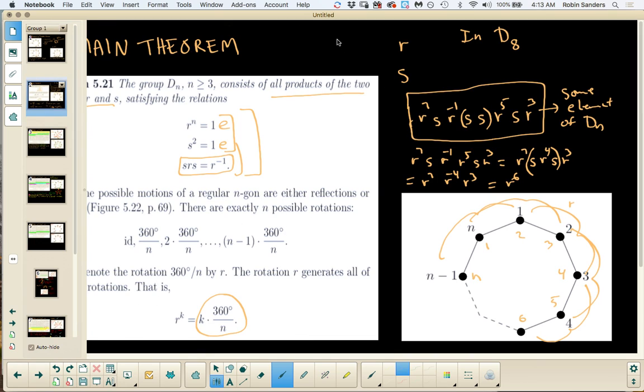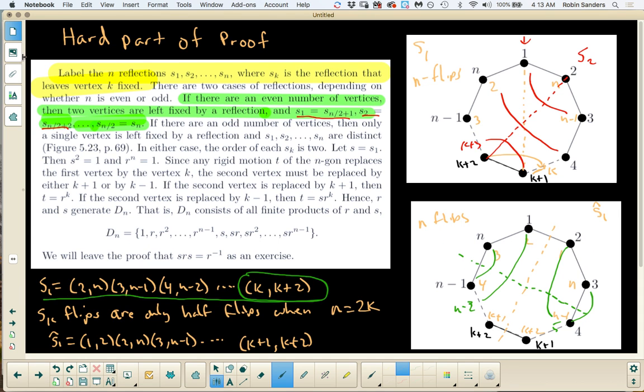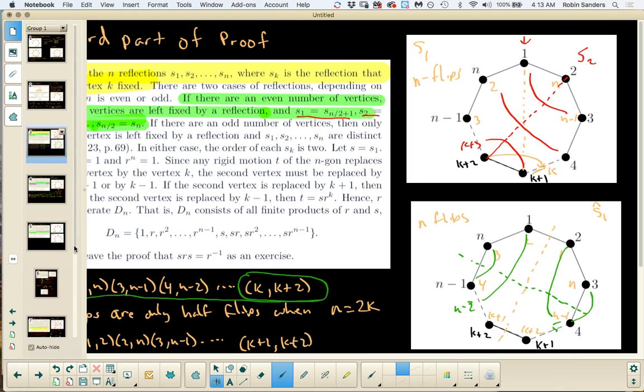If we look at the statement of the theorem, this last thing here, the author leaves this for you to show, but I do want to talk a little bit about why it's important, because you are going to be showing that on the next problem set. So I want to be thinking about why that would be so. Let's go all the way to the end.